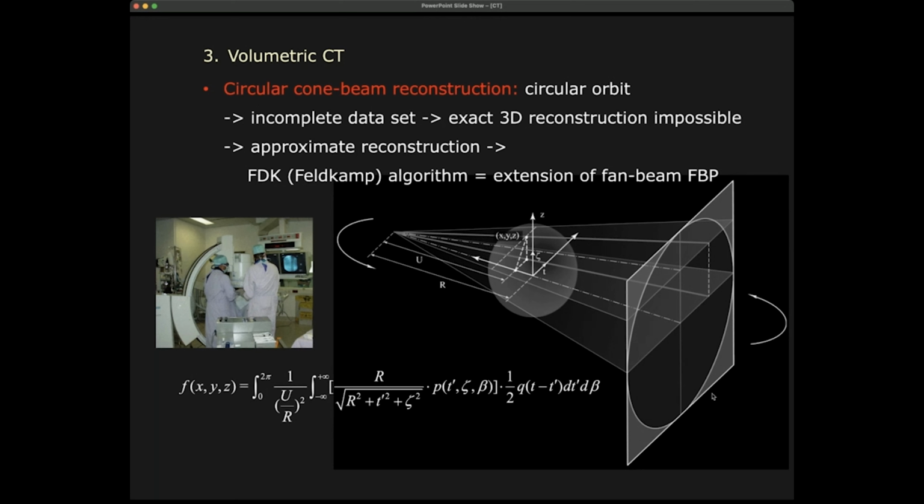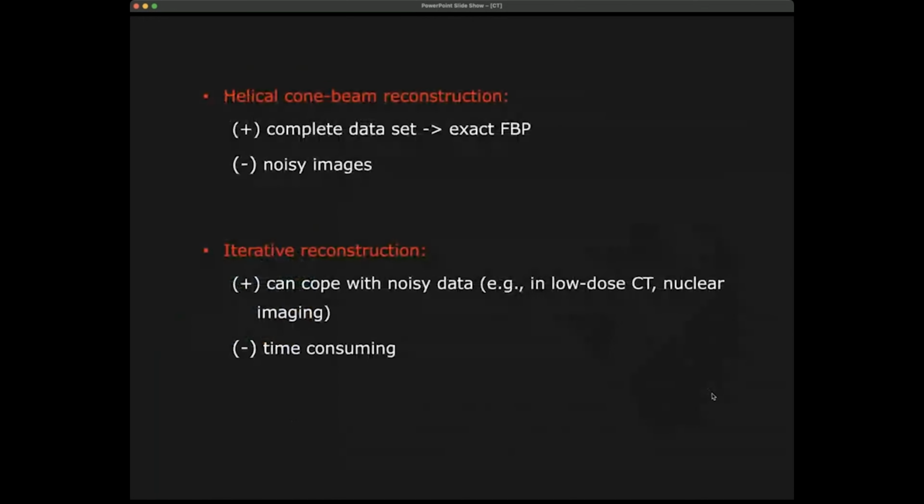Also, since you now have a cone reconstruction, obviously you need to adapt your reconstruction algorithms to cope with that. So you always need to know exactly what the geometry of your X-ray source is and how the rays pass through in order to reconstruct it properly.